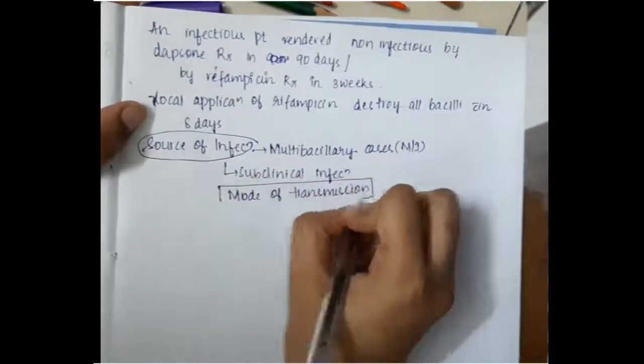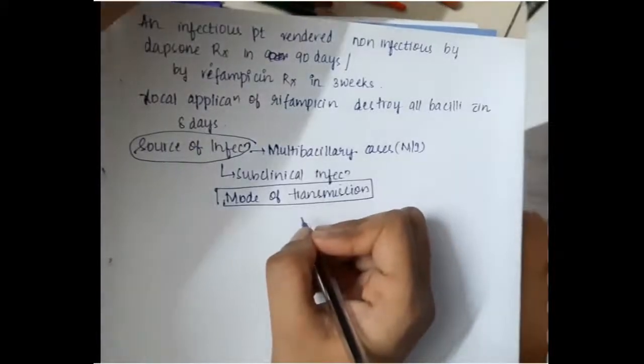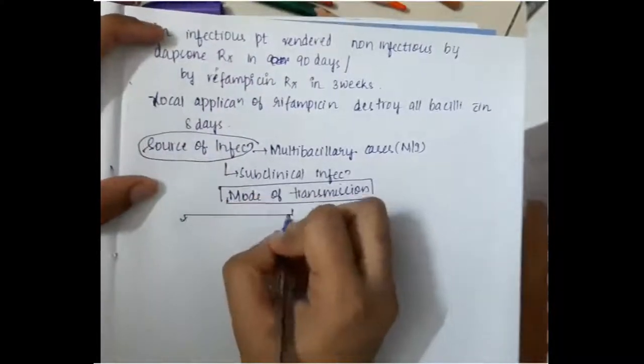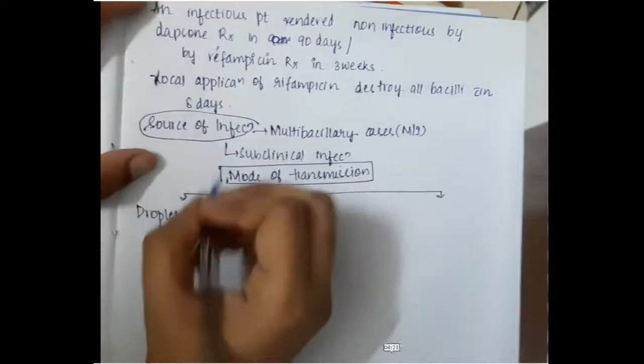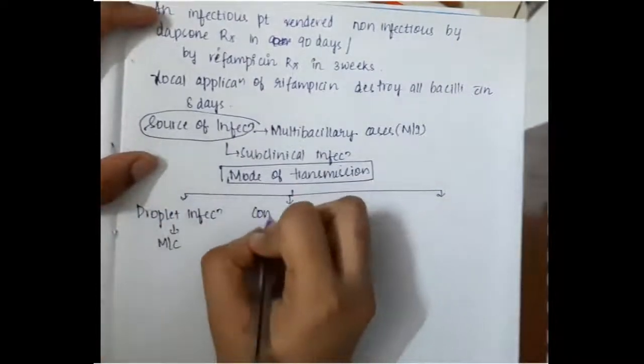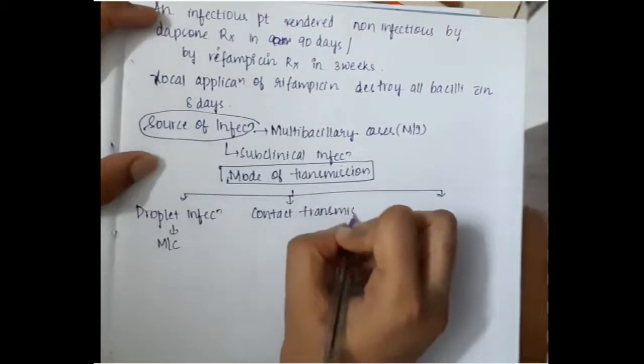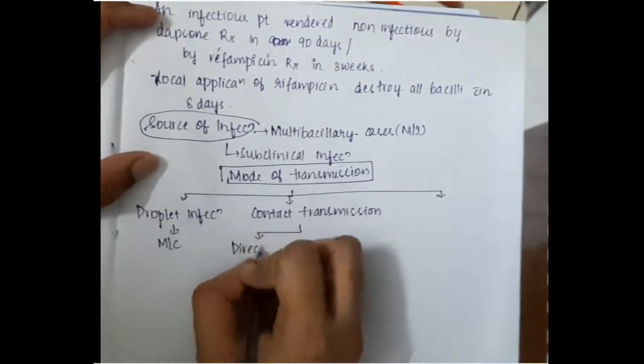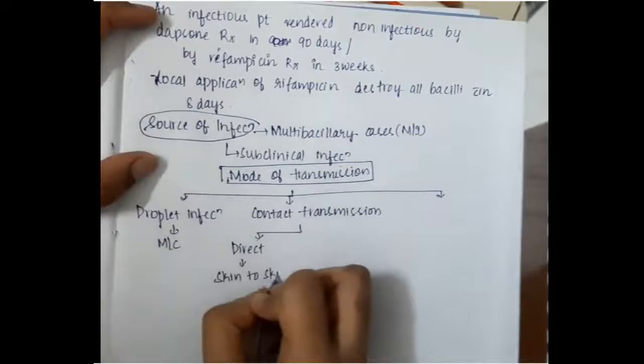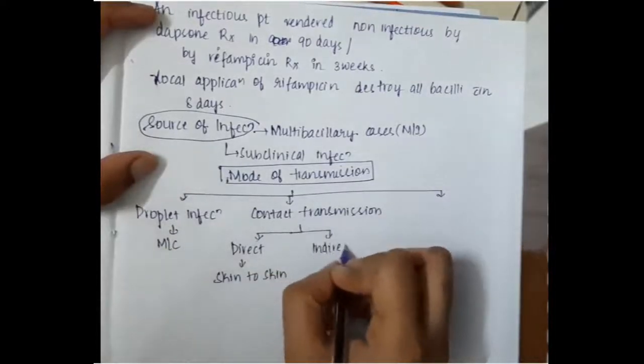Then the mode of transmission of Mycobacterium leprae. It can be through droplet infection, which is the most common mode. Then we have contact transmission, direct or indirect.